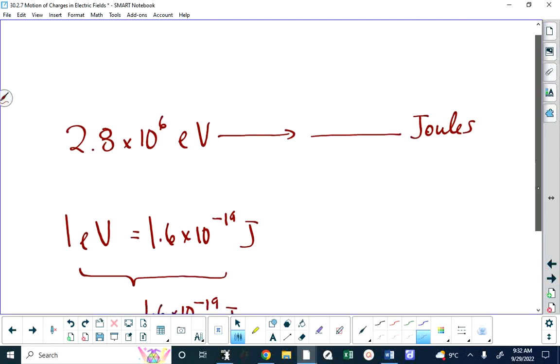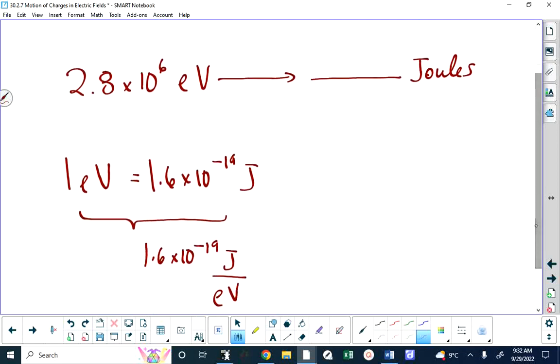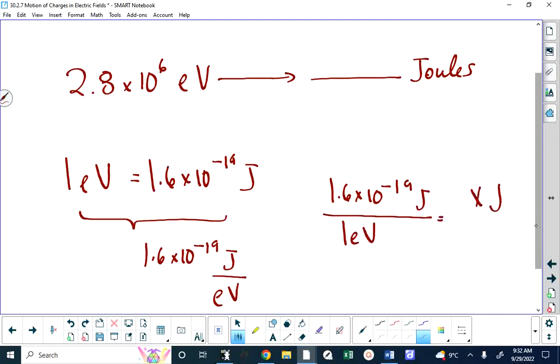If you cannot convert that many EV to joules intuitively, then you're going to set up a ratio. You're going to say, I would write 1.6 times 10 to the negative 19 joules over 1 electron volt equals x joules over 2.8 times 10 to the 6 EV.